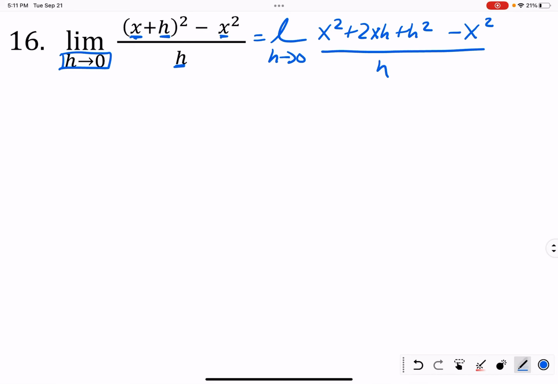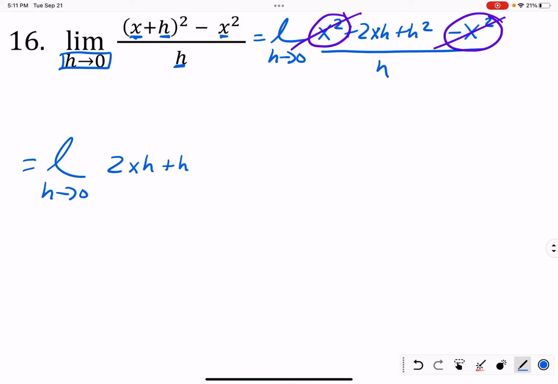All right, so now let's clean it up a little bit. So we have this x squared and this negative x squared will go away. So now we have the limit as h approaches 0 of 2xh plus h squared over h. Now if you notice in the numerator, I can factor out an h.